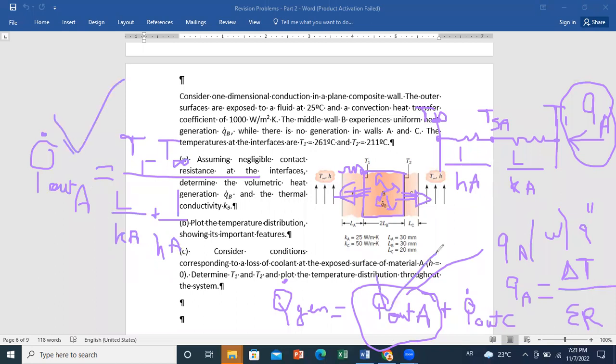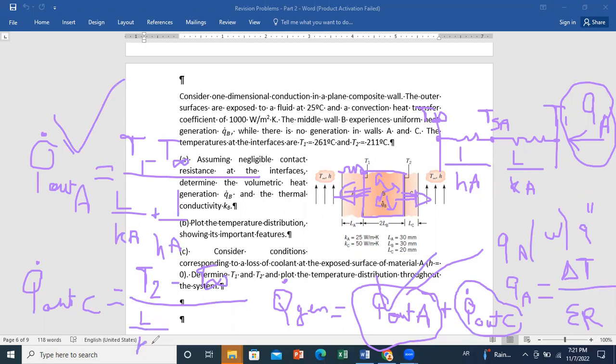So then I am done with the first part. I will do exactly the same procedure for the part that is getting out from side C. So I can write that Q dot out from side C is equal now to T2 minus T infinity over L over Ka plus 1 over H times A. Of course, when you deal with part A, you will replace by K of material A. And the convective coefficient is the same from both sides, so H will be the same.